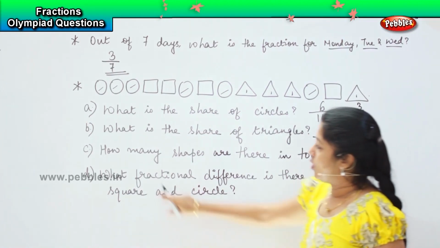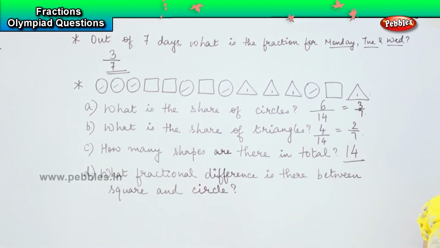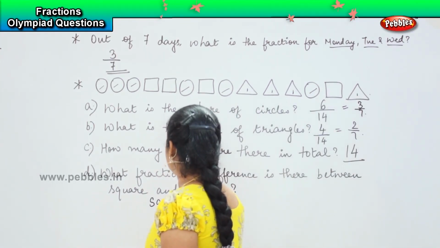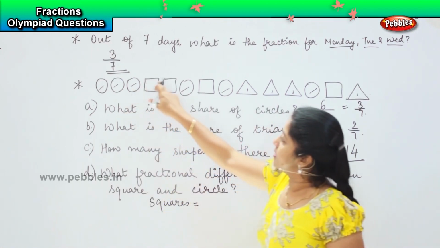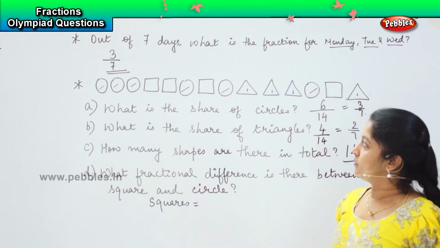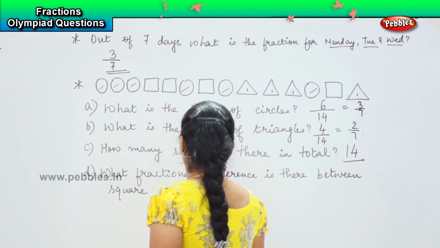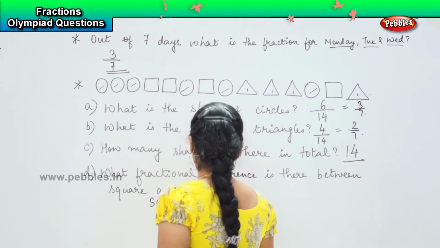The next says, what fractional difference is there between the square and the circle? So, first we need to find out how many squares are there. Right. 1, 2, 3, 4. Right. So, there are 4 squares. 4 by 14 or you can write 2 by 7.